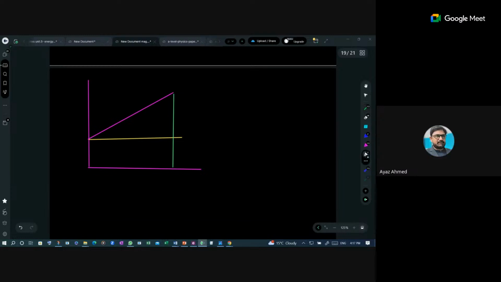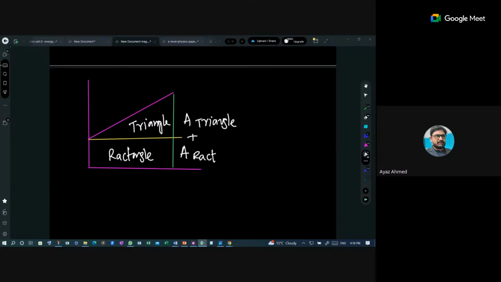Yes, this is a triangle, and this is a rectangle. So I can find the area of the rectangle plus the area of the triangle. In this way, I can find out the distance traveled by this object.